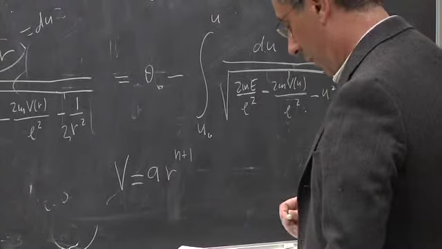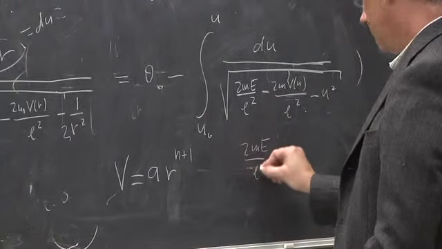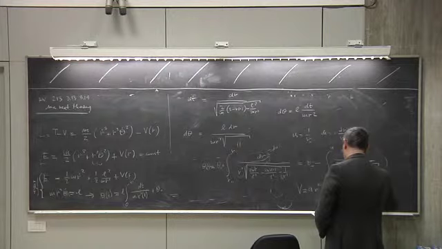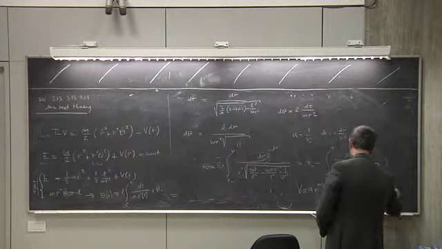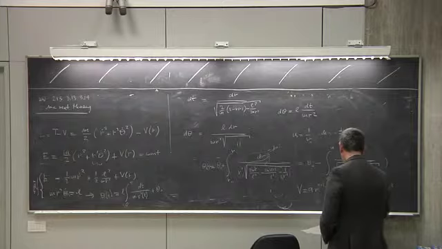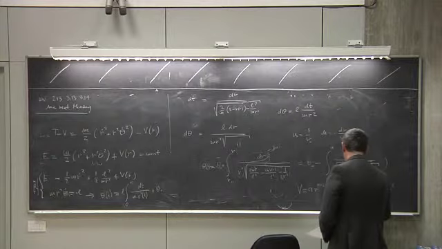And what I wanted to say is, you see that if I plug this in here, I have 2mE minus 2mA, times L squared, that is just a constant. And here you have u to the minus n minus 1 minus u squared, maybe with a factor of 1/2, it doesn't matter. So you have an integral in the form dx over the square root of a x squared plus bx plus c.